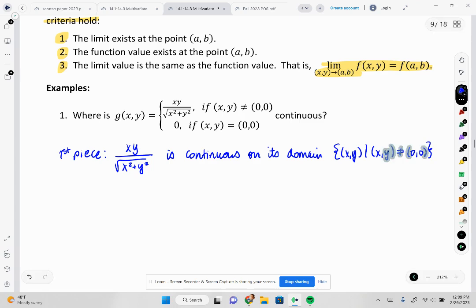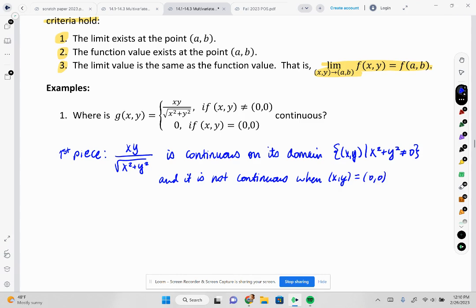Or I should say, actually, the way we would typically say this is such that the denominator, x squared plus y squared, does not equal 0. Okay, so that's our domain, and it is not continuous when xy is equal to 0, 0.